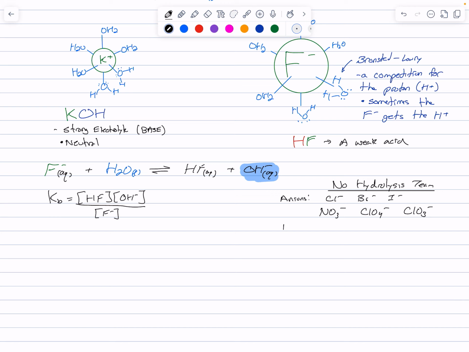Now, note HSO4, hydrogen sulfate, is a weak acid. So even though sulfuric acid is one of your strong acids, HSO4 is a weak acid. Now it's actually got a pretty large Ka for a weak acid.